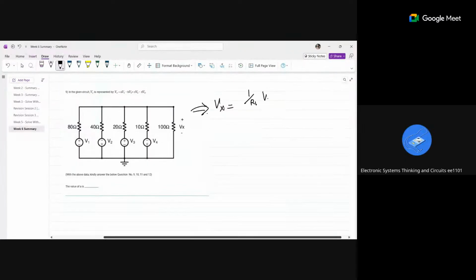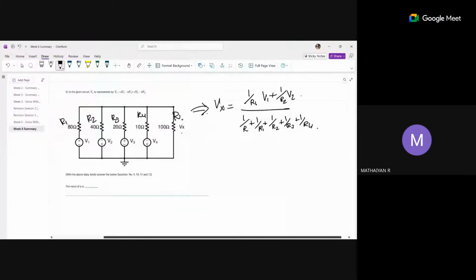Taking this as R, this is R1, this is R2, this is R3, and this is R4. Have you guys seen any formula like this? Yeah, ma'am, for the superposition method.